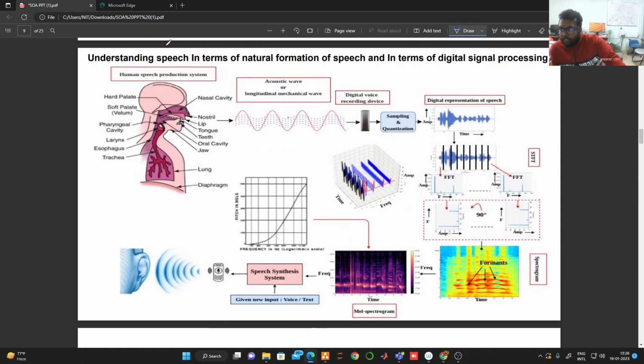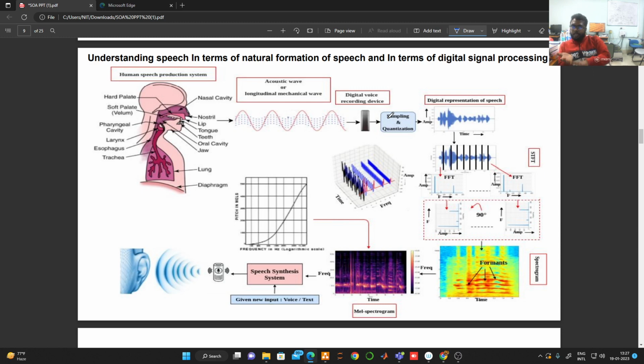So this is the basics of the human speech processing system that I have already described, and this is the acoustic sound. Any speech is nothing but acoustic sound. So in digital speech processing, we use a recording device to record this acoustic wave, and there comes the mechanism to convert an analog or acoustic wave into a digital wave.